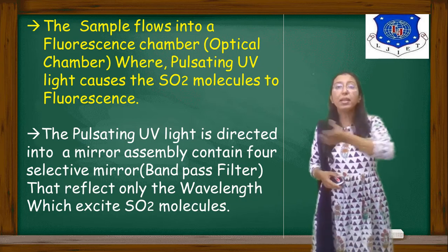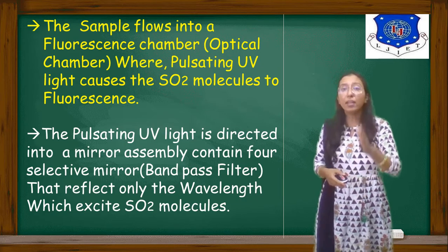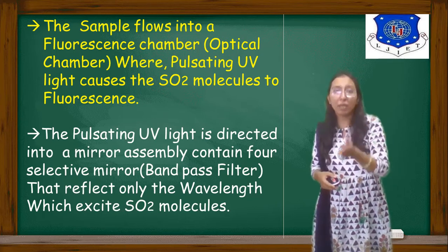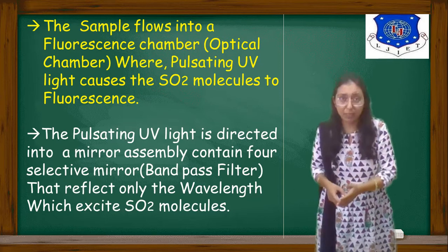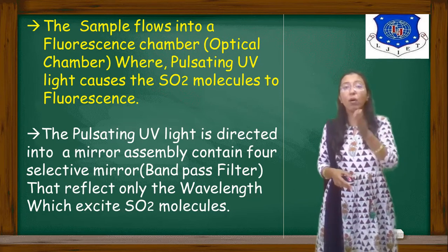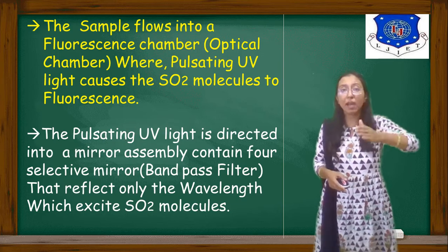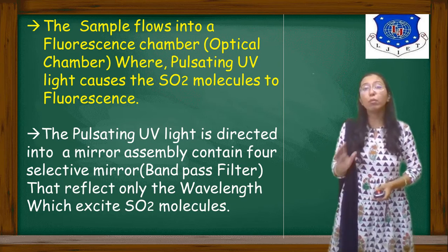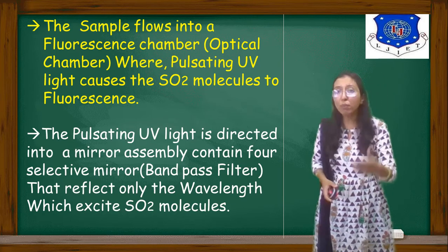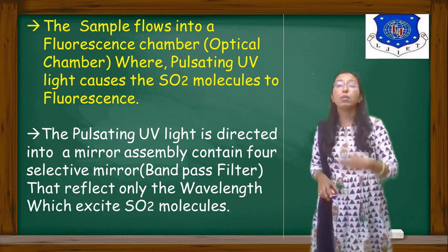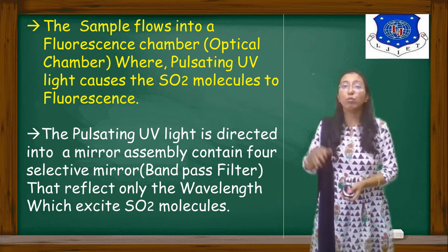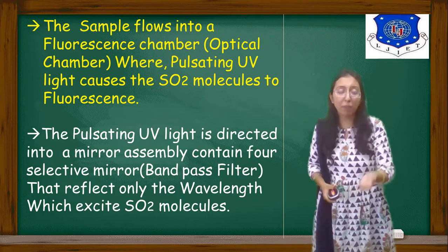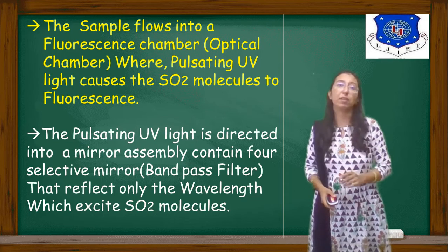The pulsating UV light is directed into a mirror assembly containing four selective mirrors that act as band pass filters, reflecting only the wavelength which excites SO2 molecules. So one particular wavelength excites SO2, and for this purpose we are using four mirrors.